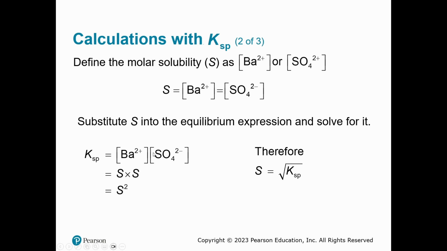The stoichiometric coefficients get multiplied by the variable and raised to that variable. So if SO4 had 2 equivalents to barium's 1 equivalent, that's not the case. But if it was, say we had sodium instead of barium, we'd have twice as many sodiums as sulfates. We would then have to multiply the concentration by 2 and then square that value.